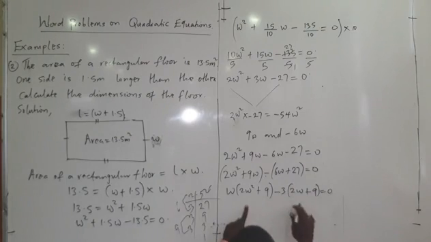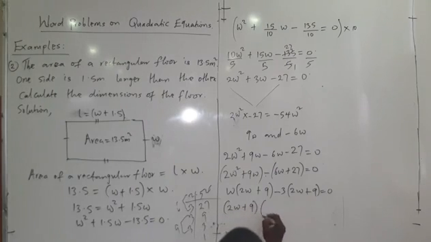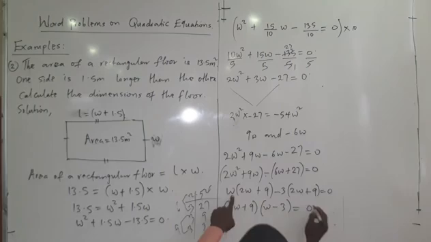So we have W into 2W plus 9, then 2W plus 9 is common. So factor out 2W plus 9, into, so you are left with W minus 3 equals 0.